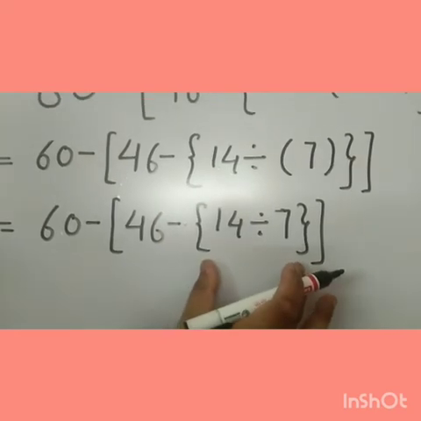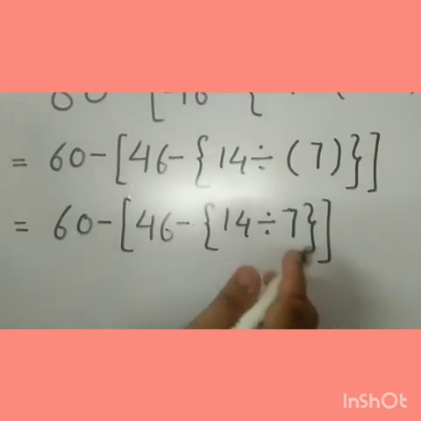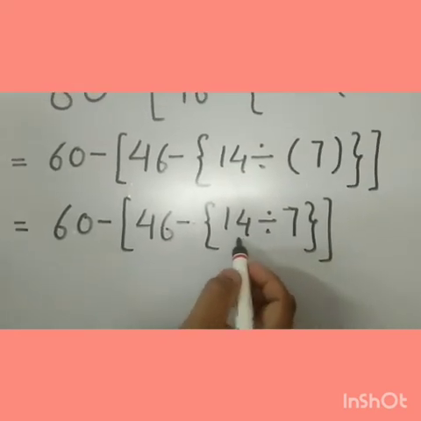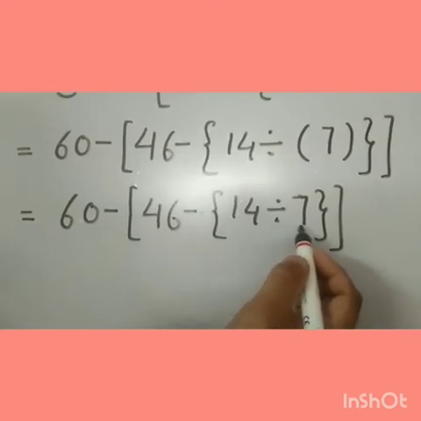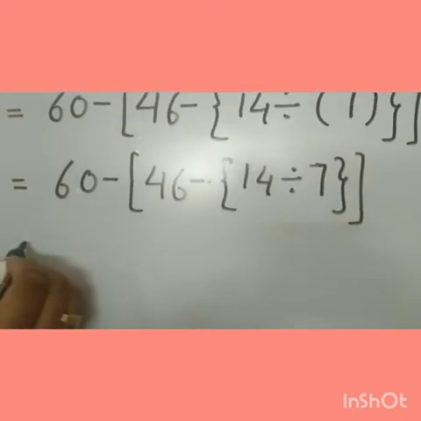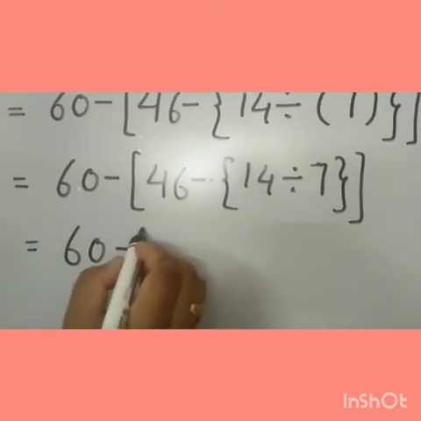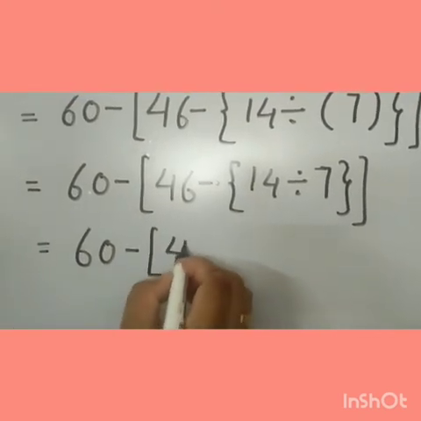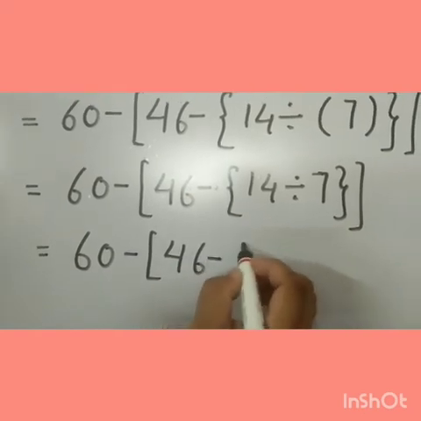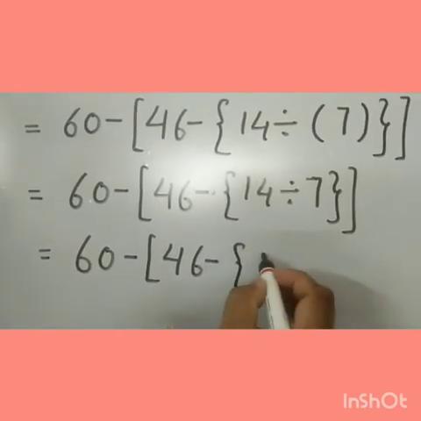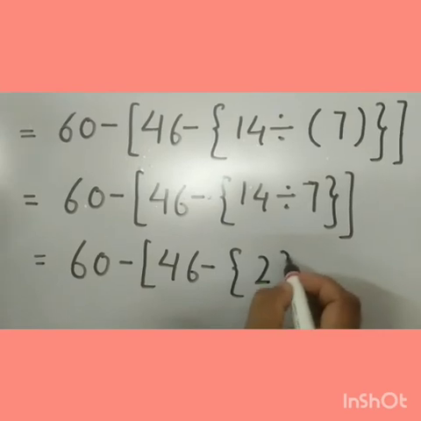Now solve curly bracket. In curly bracket there is divide. 14 divided by 7. Answer is 2. 60 minus 46 minus, the answer of curly bracket is 2.